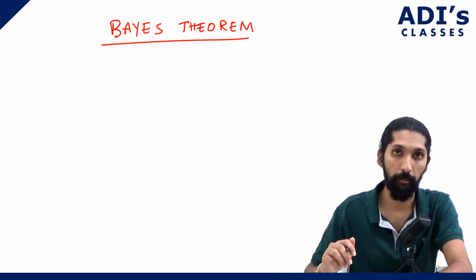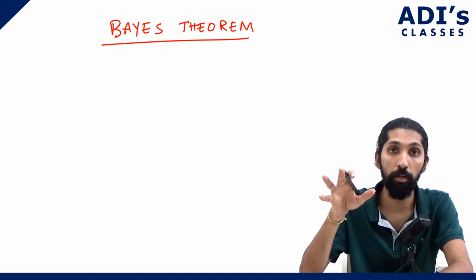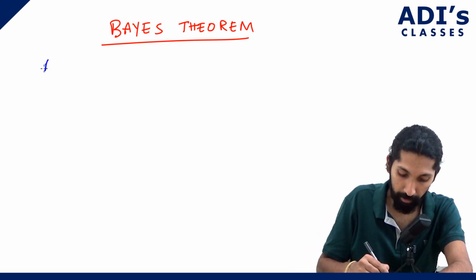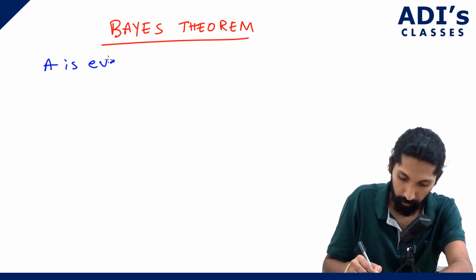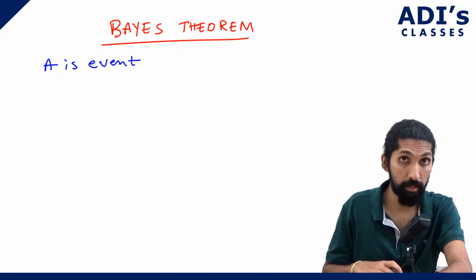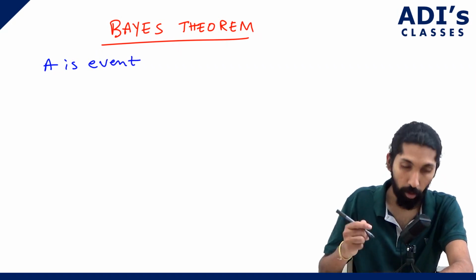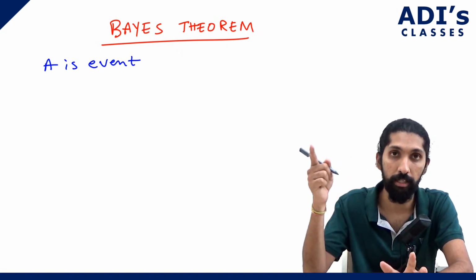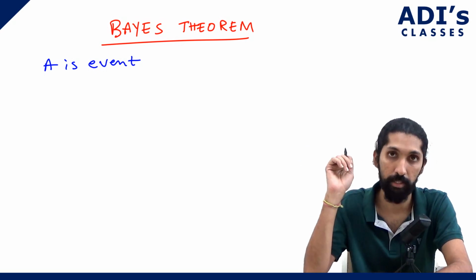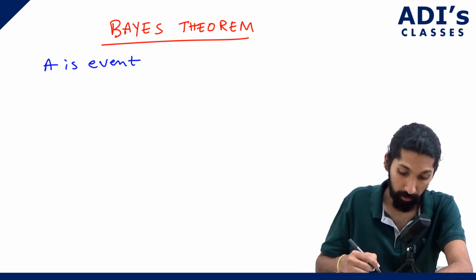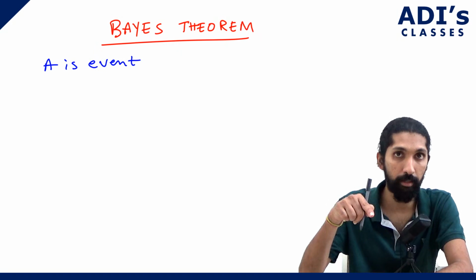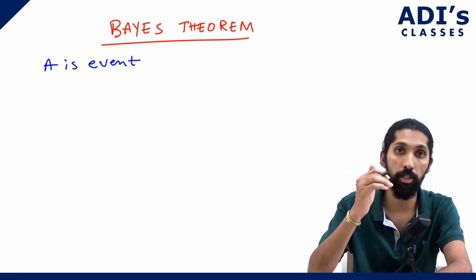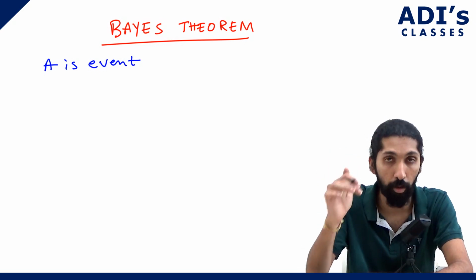Let's try to understand that. Now remember, we are talking about the cause of the event, correct? Suppose A is the event, then the cause of this event, let it be Ei. E is an event in the sample space. Say A is the event, which in our example is that the share price of that particular company dropped.